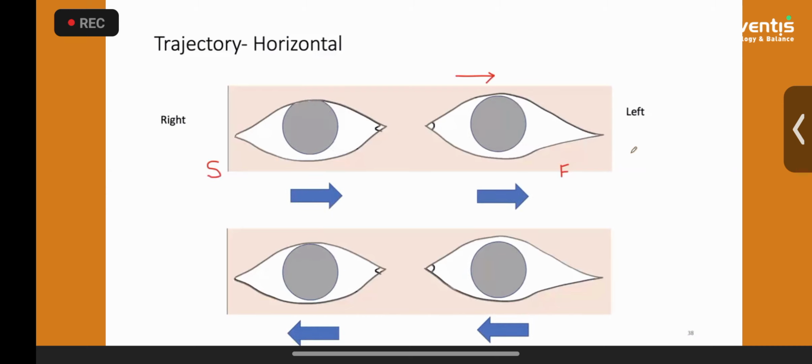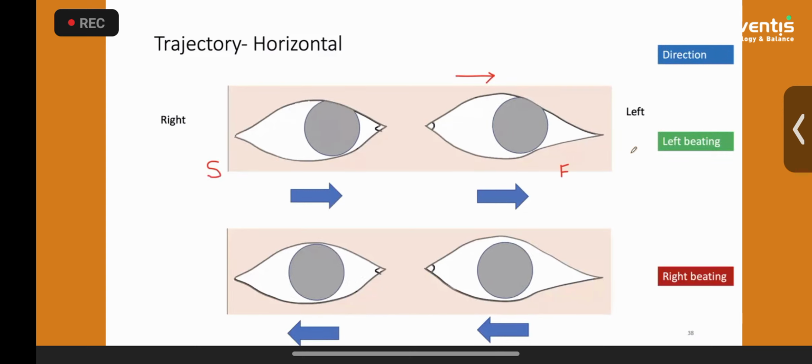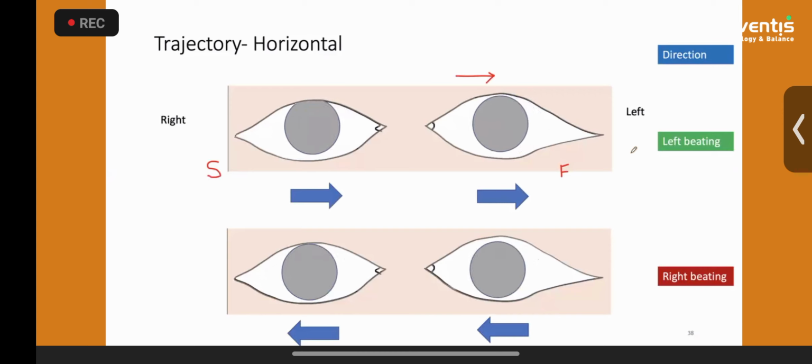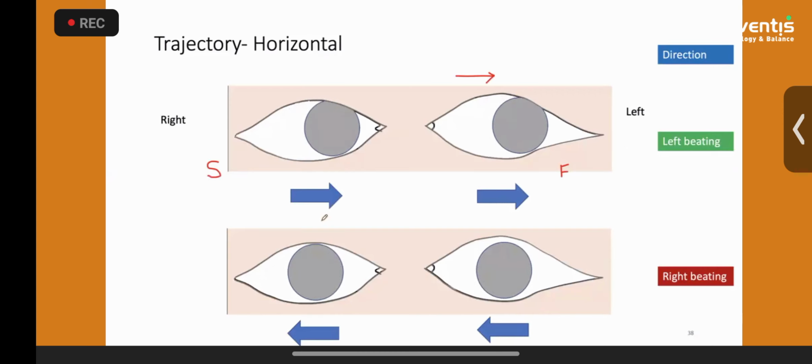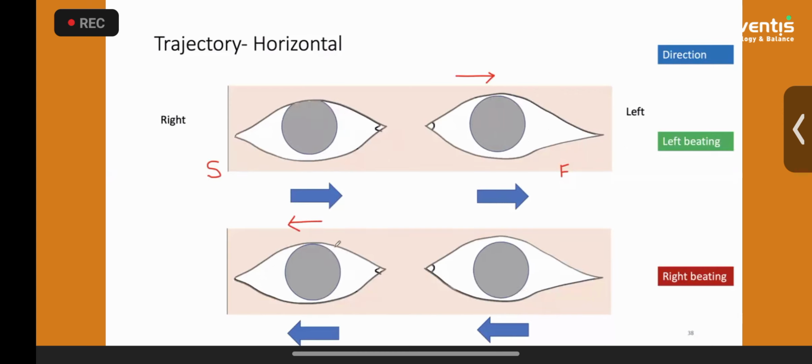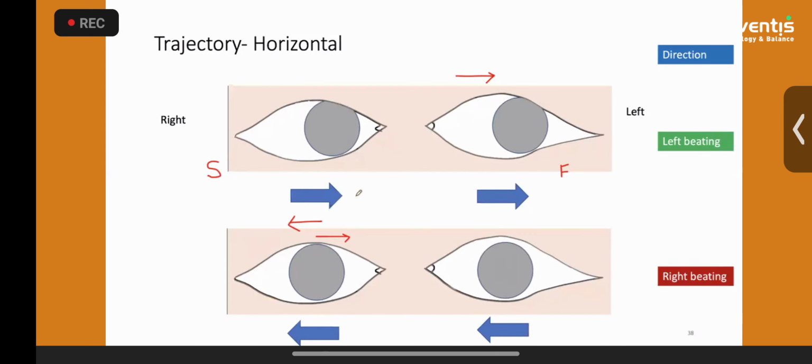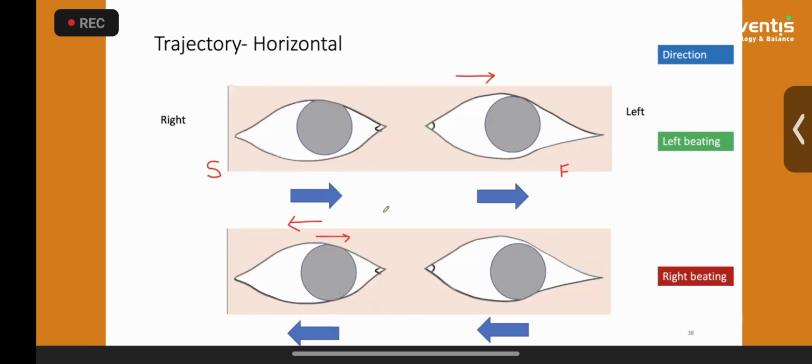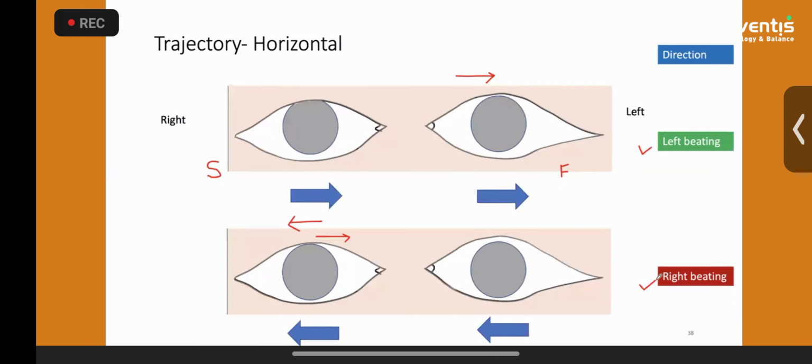The first one is the direction of left beating nystagmus, and the lower one is right beating nystagmus. You can see the fast phase is towards the right and the slow phase is towards the left. Okay, so there are two types of horizontal trajectory. One is left beating and one is right beating.